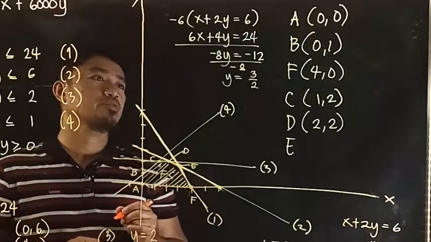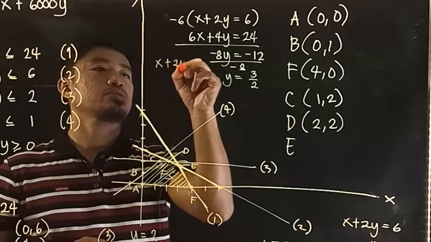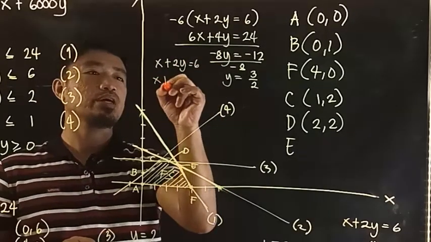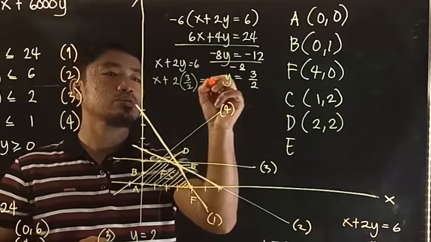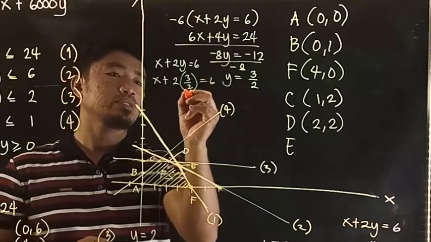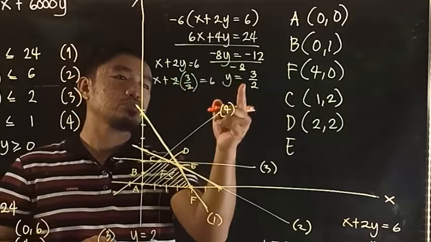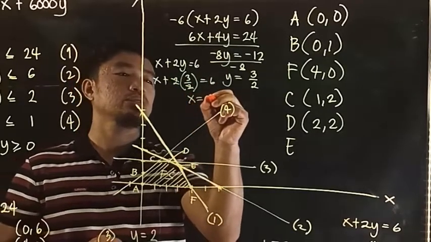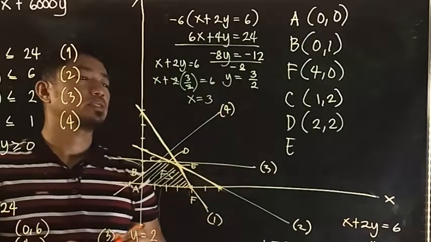So solving for the value of x, x plus 2y is equal to 6. The value of y is 3 over 2, so x plus 2 times 3 over 2 is equal to 6. So 2 will cancel out, and then 3 is transposed to the other side, therefore the value of x is equal to 6 minus 3, or 3.